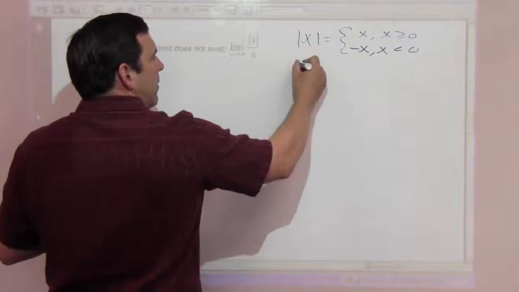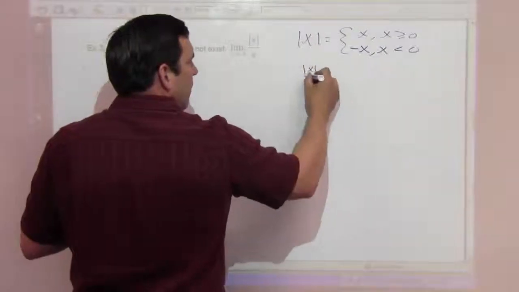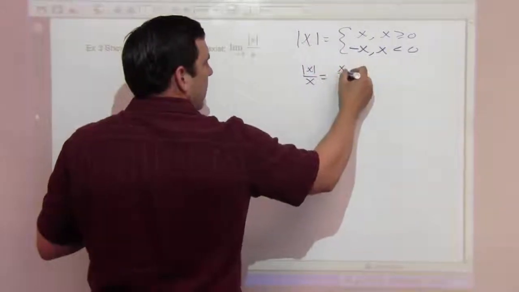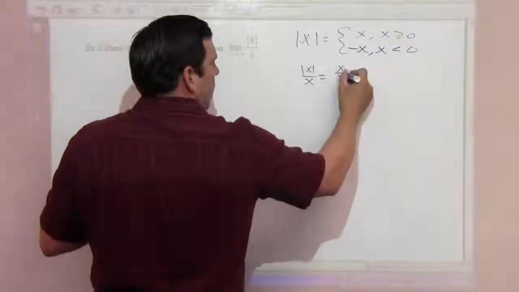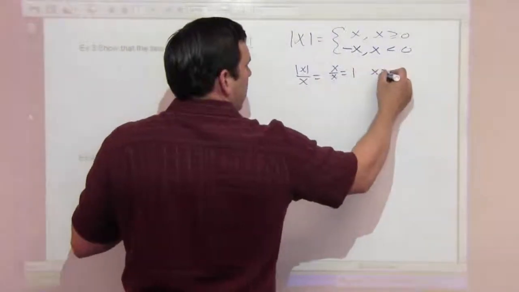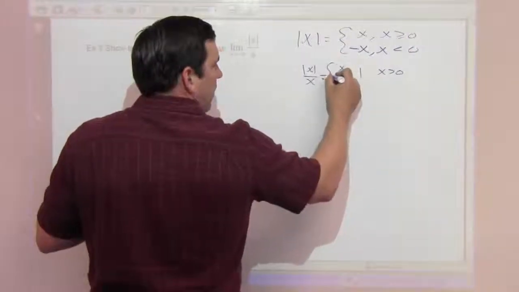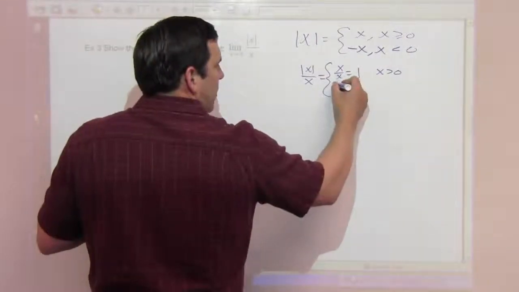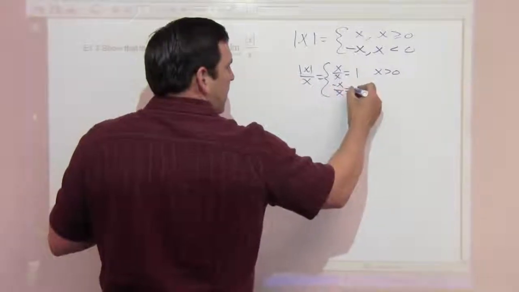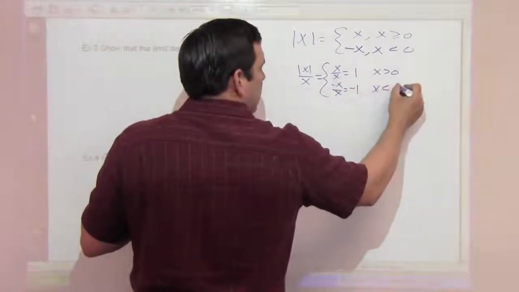So let's look at the definition for the absolute value of x over x. That's going to be x over x, which is 1 for x being greater than 0. Notice I don't include the 0 now because I make it undefined. And that would be equal to the negative of x over x, which is negative 1 for x being less than 0.